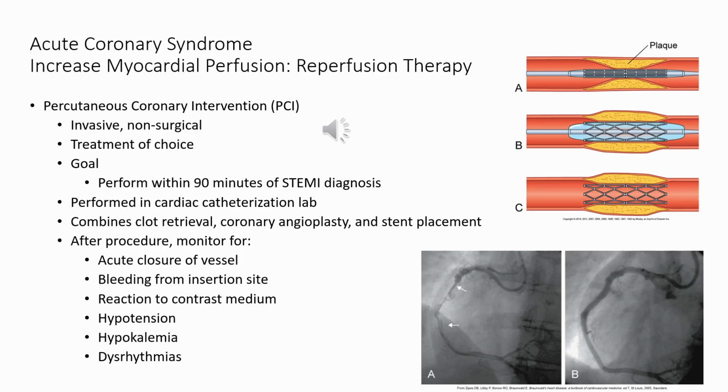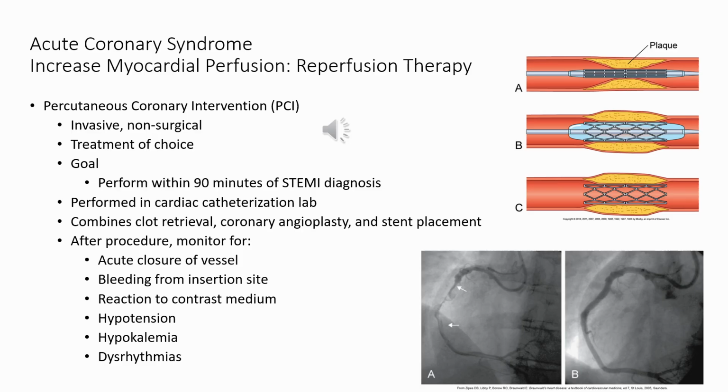And it's going to be inflated again to push plaque up against the artery wall, which widens the lumen of the blood vessel. And then we can have a stent placement. So a stent, either bare metal or drug-eluting, is deployed to maintain that arterial patency and to prevent future narrowing.